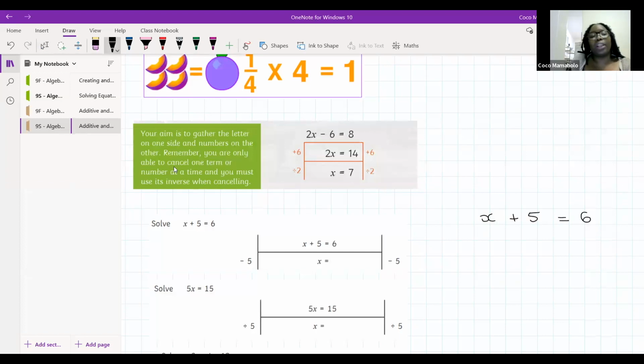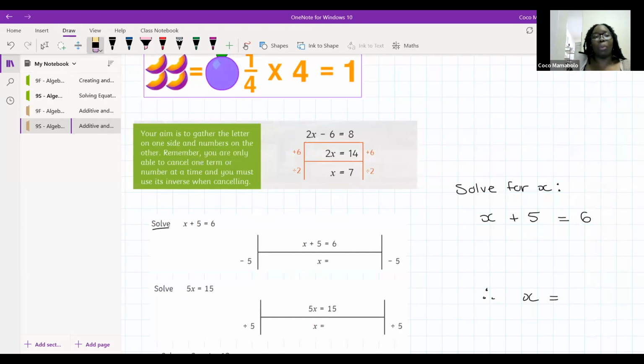The instruction that normally comes with these kinds of questions is always solve. Solve for x. Which means some things need to happen. And at the end, we need to have, therefore, x is equal to something.